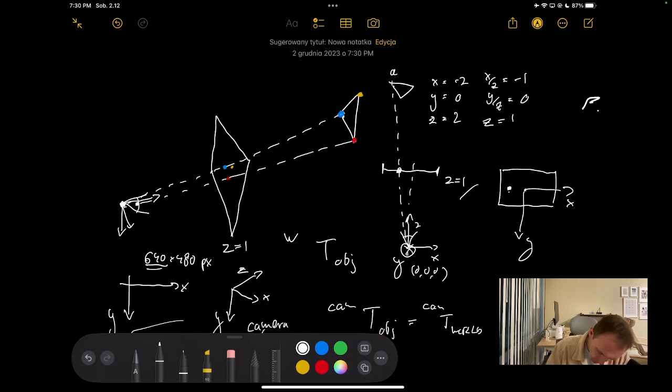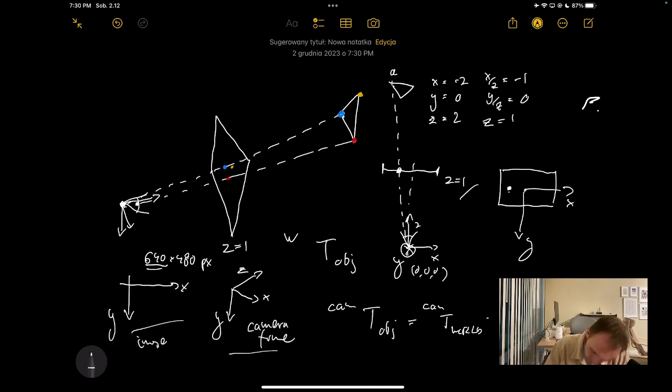Right, so now we're ready. So this is the inverse of the position of the camera in the world, maybe with this coordinate flip, right?